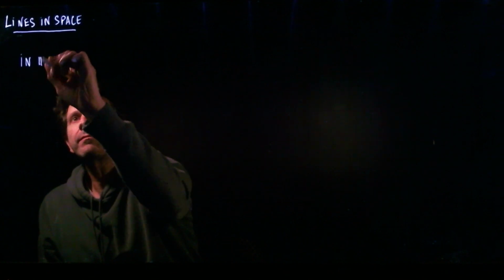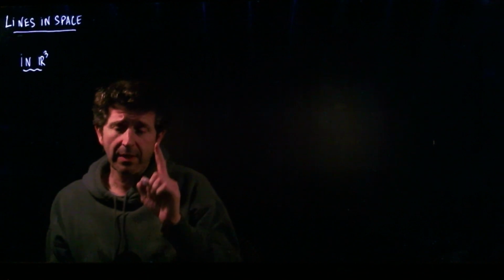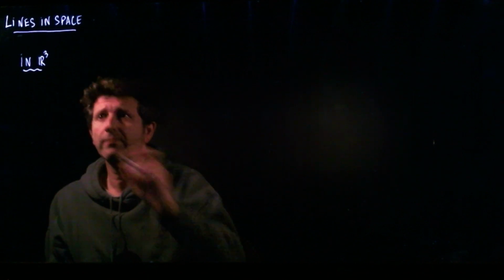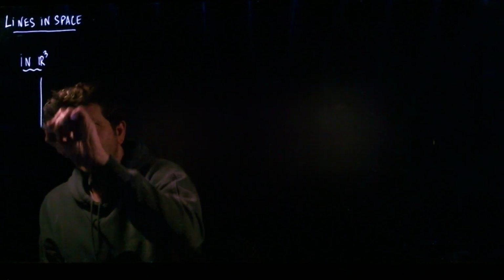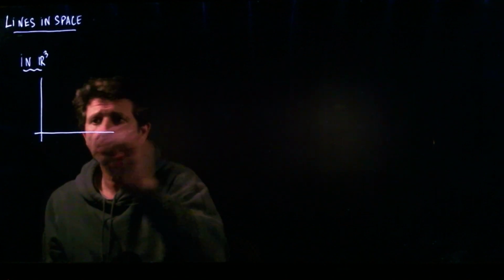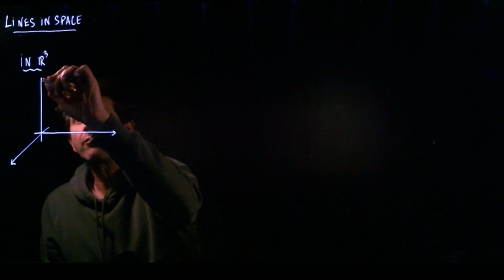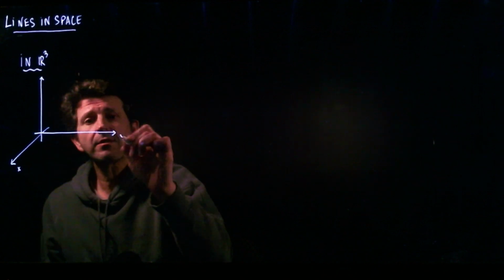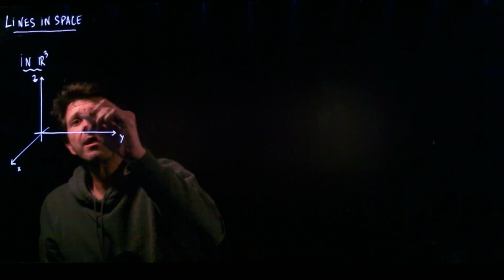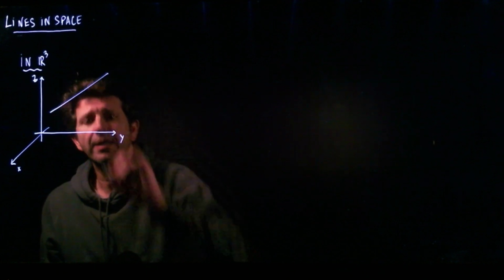Okay, so now let's do it in R3. Same idea. Remember, we need a point and a direction. So in R3, what do I have here? Let me draw my Cartesian frame here: X, Y, Z, and here is a line in space.